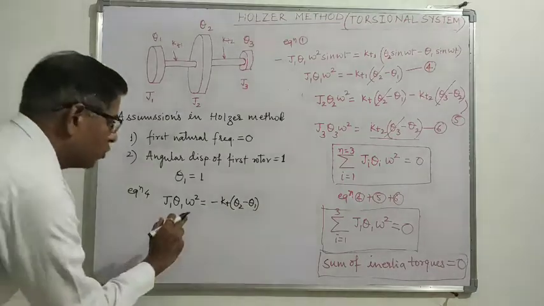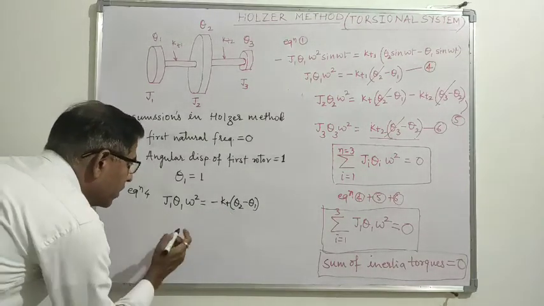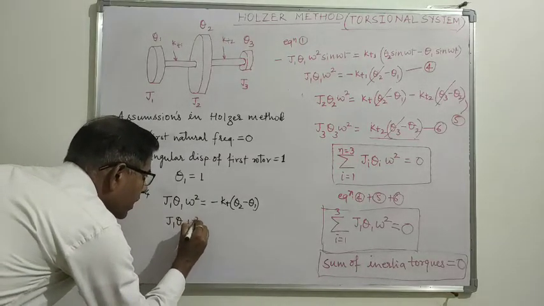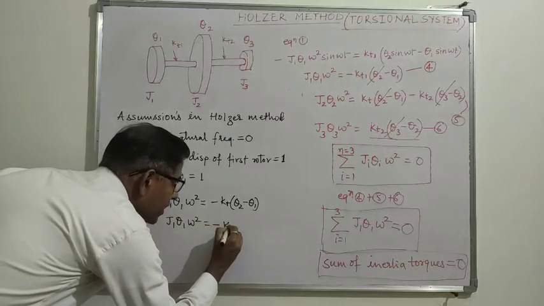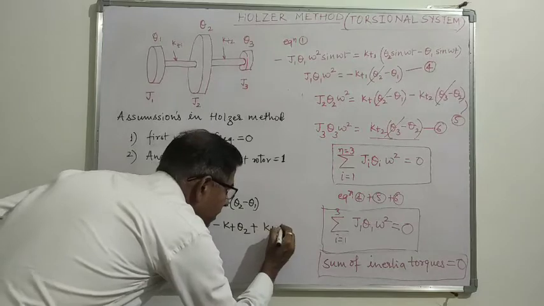So J1 theta 1 omega square is equal to minus kt theta 2 plus kt theta 1.